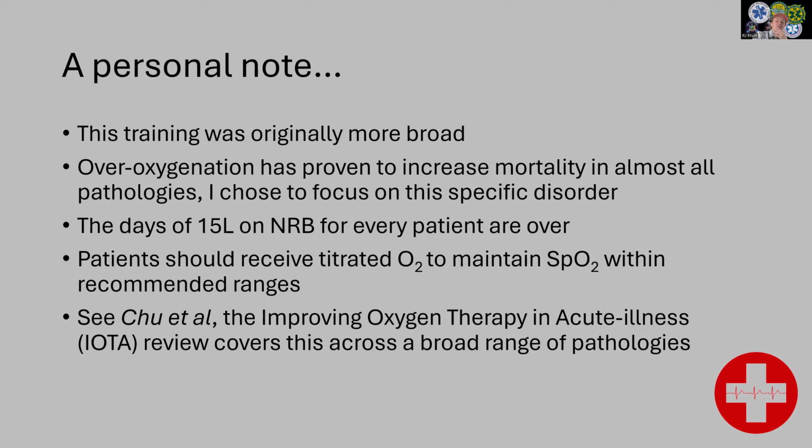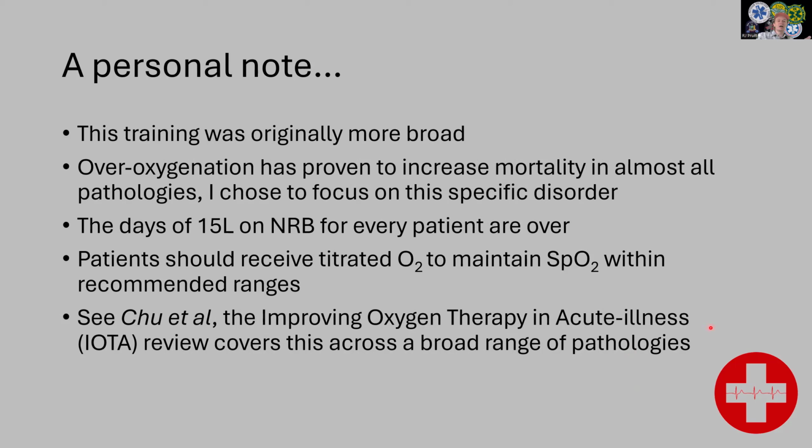So I don't want you to be afraid of giving oxygen, but I want you to be mindful of what oxygen saturations we're trying to hit and how we are getting them to that saturation, what adjuncts we're using to increase that.